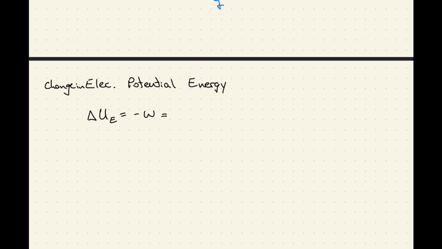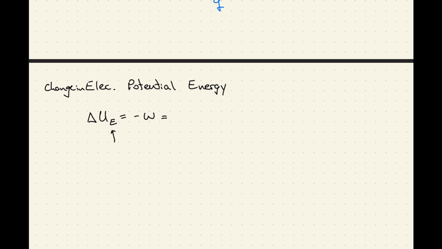But in most cases, when you talk about work and energy, you talk about it in a global sense. Here, since the potential energy is coming from an electric field, we like putting this little E here to denote it's coming from an electric field. But for the work, we don't really have to put that. Maybe you can do the electric work. Most of the time in the book, they do not have that.